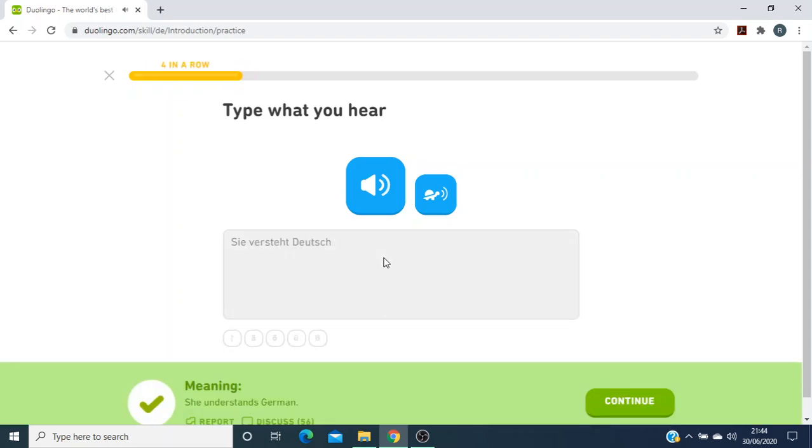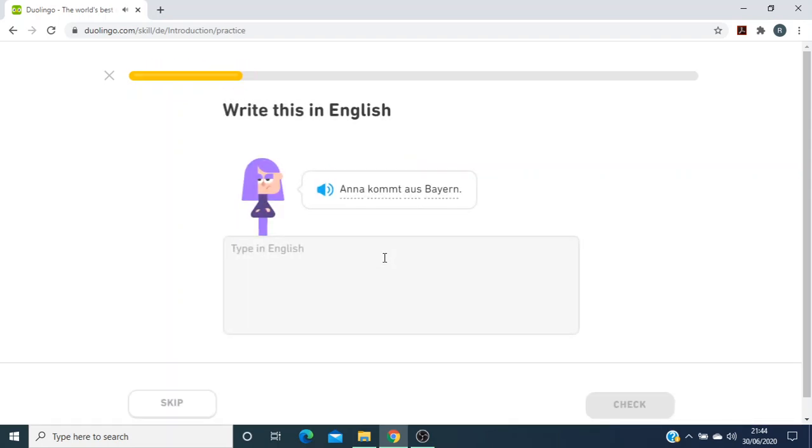She understands German. Anna kommt aus Bayern. So, kommt is a form of the verb kommen, which means to come. So, Anna comes from, but Bayern is Bavaria.